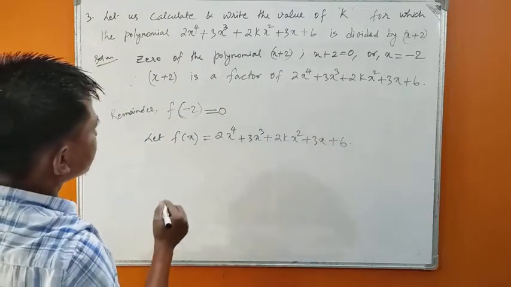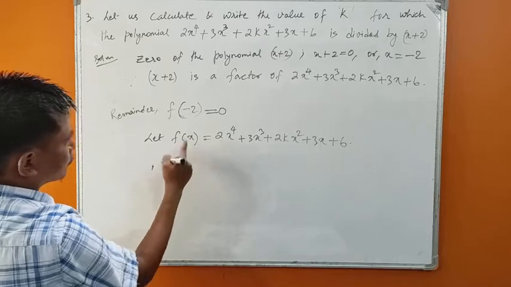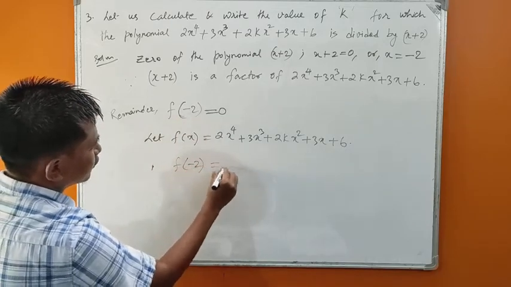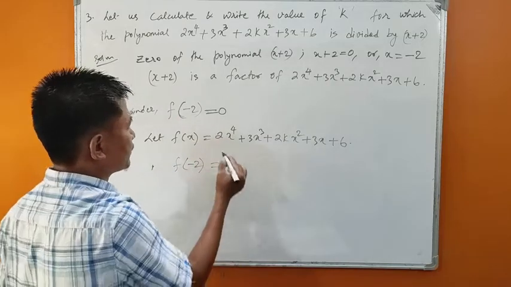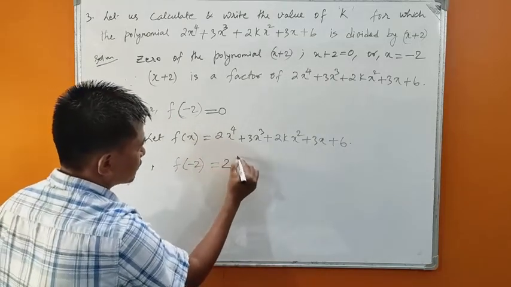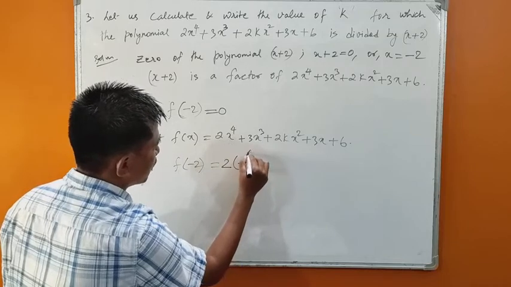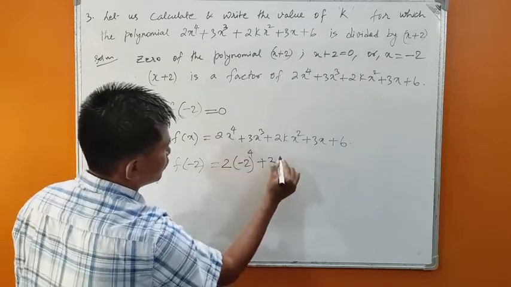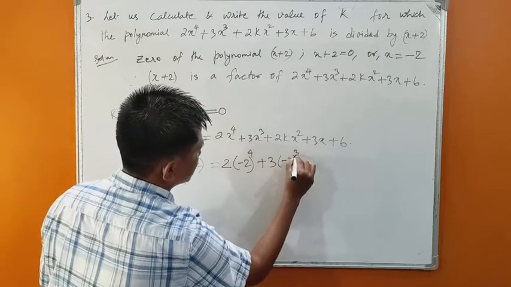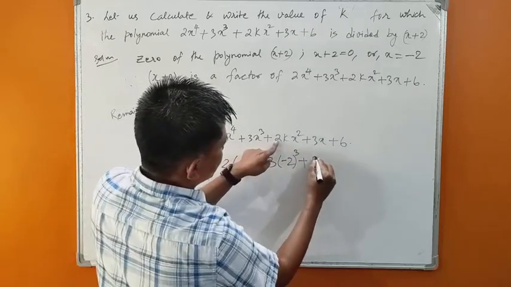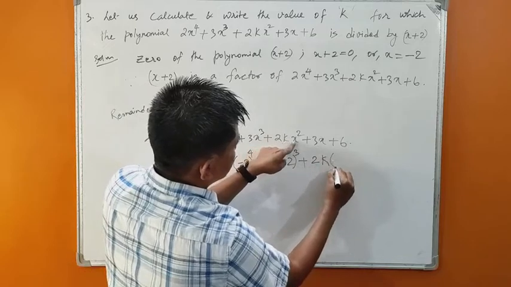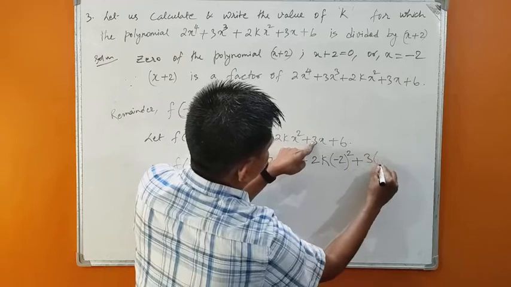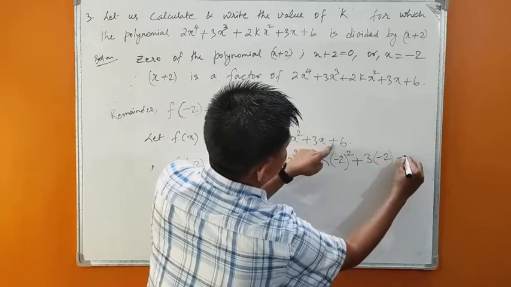So f(x) equals to, this means f(-2) will be equals to, instead of x we write minus 2, isn't it? 2x means 2 times (minus 2) whole to the power 4 plus 3x means 3 times (minus 2) whole cubed plus 2k x means 2k times (minus 2) whole square plus 3, x means minus 2 plus 6.